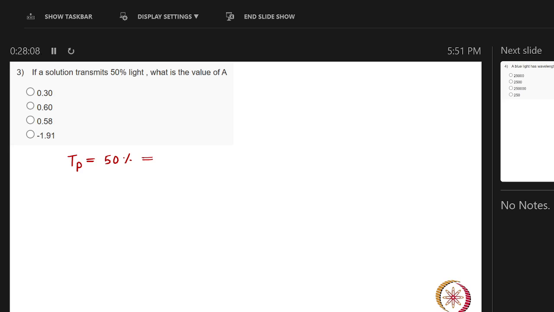From here we can calculate transmittance, that is TP by 100. And why calculate T?